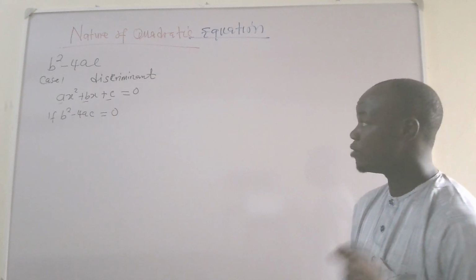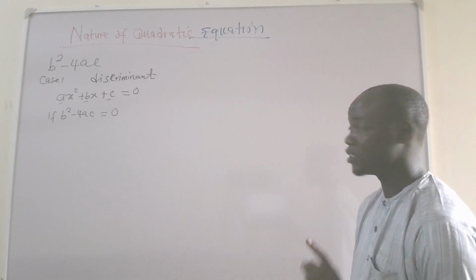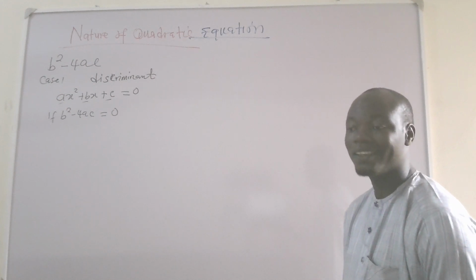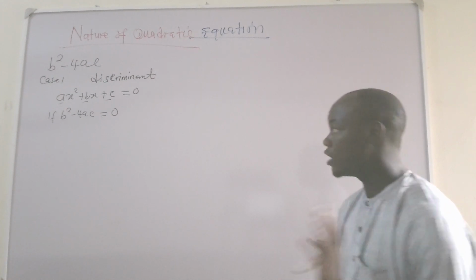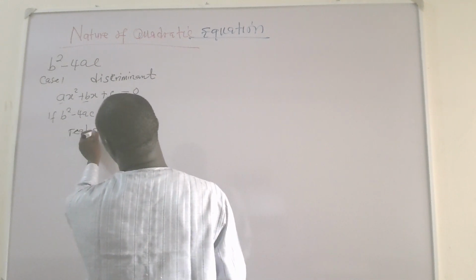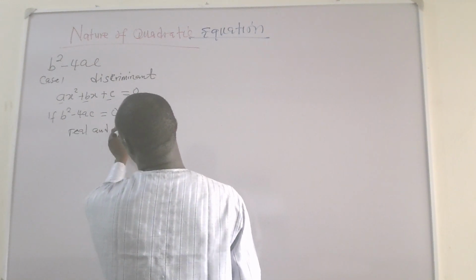If you get b squared minus 4ac equal to 0, that means the roots are real and equal.